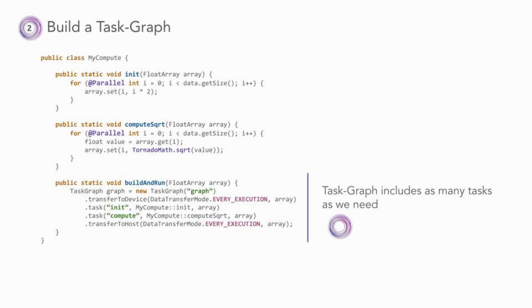In this case, we specify that the array must be transferred every time that the whole graph is executed. So if you execute the whole graph once, it will copy the data anyway. But if you are planning to execute the graph multiple times, you can decide whether you want to copy the data every time or just the first time, so the data is cached somehow.